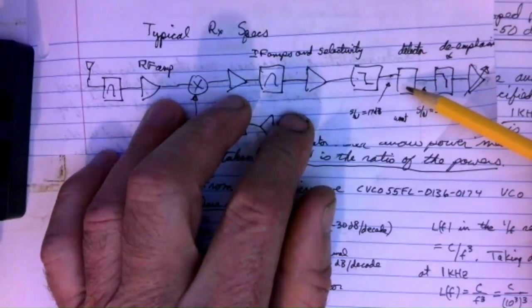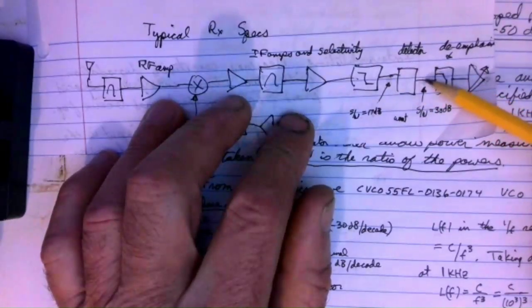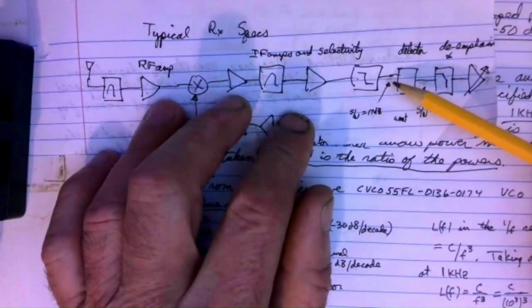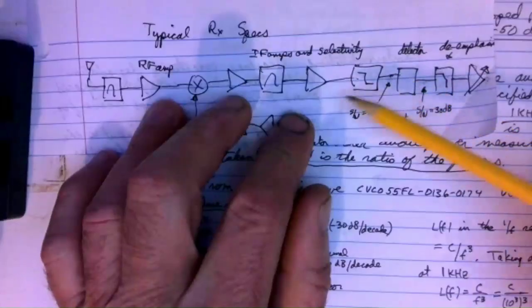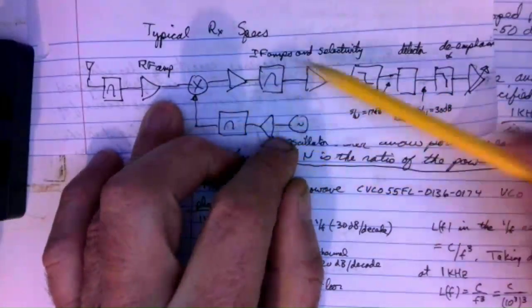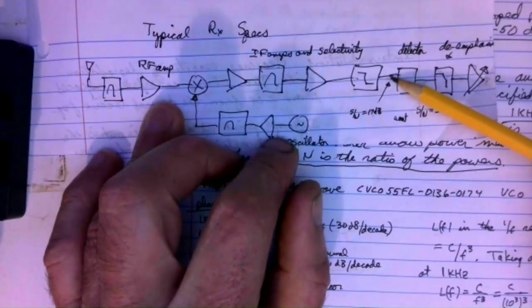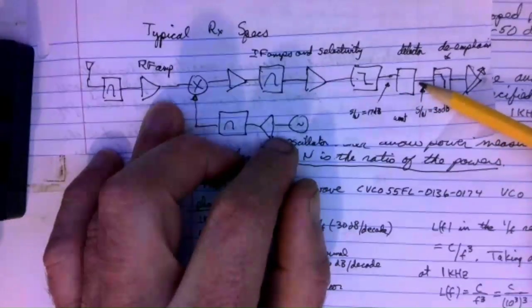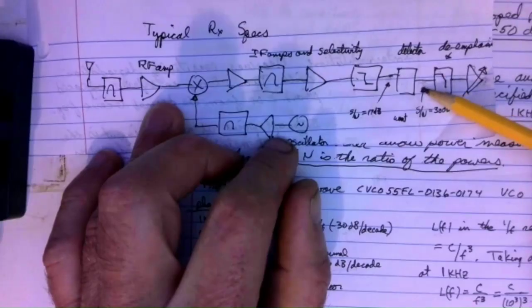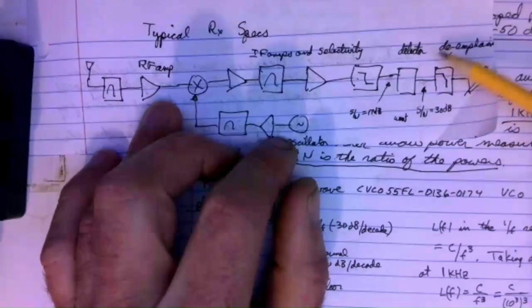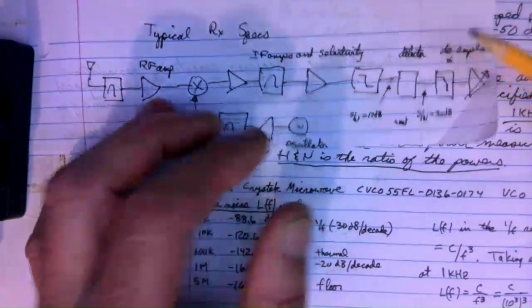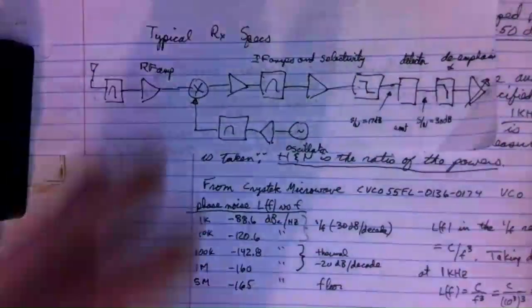All right, so we know that 75 kilohertz deviation resulted in a certain number of volts here, and that was our power reference. How many hertz of deviation does the noise from the oscillator make here? We know what our deviation is here. We can find the voltage, and then the ratio of those two voltages would give you your hum of noise. Okay, that's what we're going to try to do here.